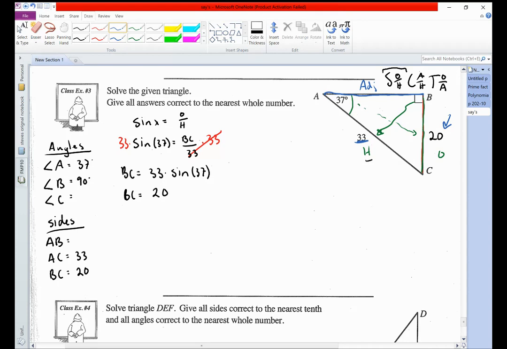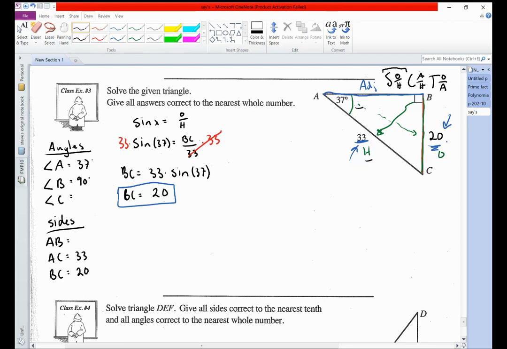But 33 was given to us in the question, so we know that it's correct. 20 we calculated, so we can be very confident that it's correct. But if for some reason we got this answer wrong over here, and then we used the number in the next calculation, then we're going to get that wrong too. So it's always a good idea to use the numbers that the question gave you if you can, because even if you get this 20 wrong, you still have a chance of getting the adjacent correct, if that makes sense.